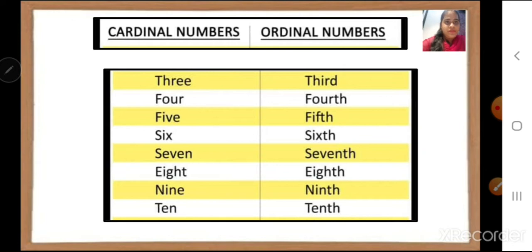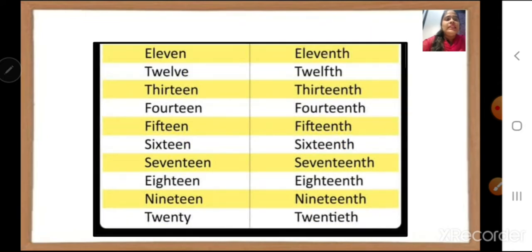For ordinal numbers, 3 is third, 4 is fourth because it is showing the position. 5 is fifth, then 6th, 7th, 8th, 9th, 10th. After 10th, we have 11th, 12th, 13th, 14th, 15th, 16th, 17th, 18th, 19th and 20th. Okay, so these are the ordinal numbers.